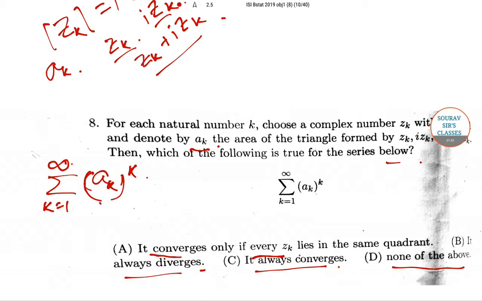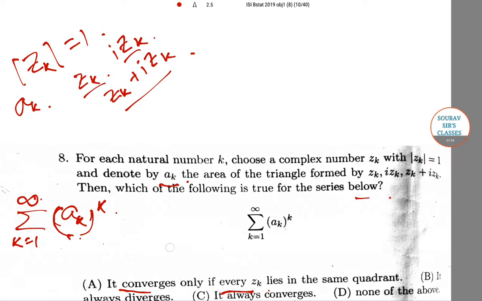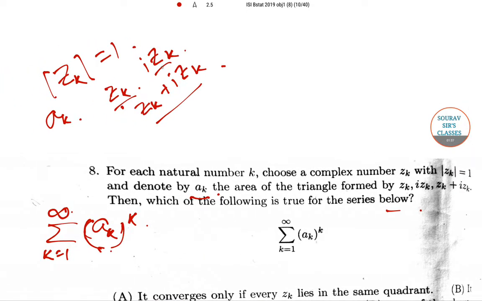Now, first we have to find Ak, the area of the triangle made of zk, i zk and zk plus i zk.